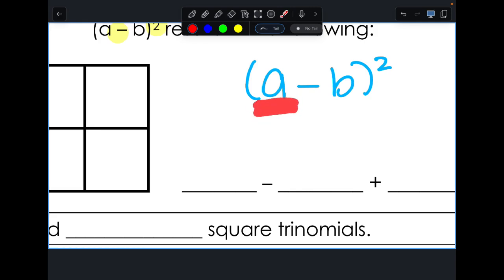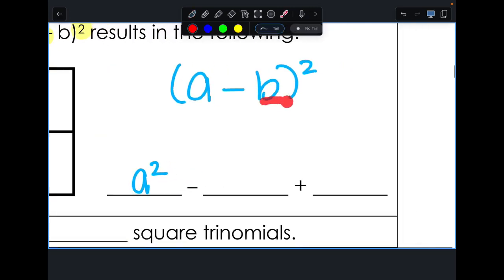A squared. For the last term, square the last term. B squared. Now for the middle term, multiply the two. What's a times negative b? Negative ab. Double it. Negative 2ab.